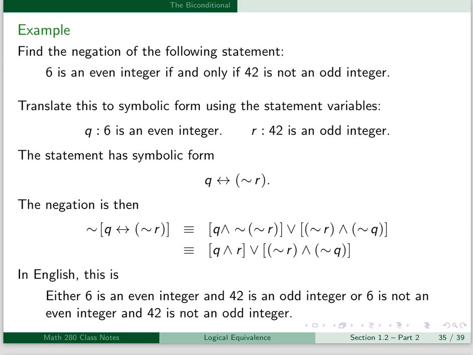Now we need to use the either to group the two parts of the or together.